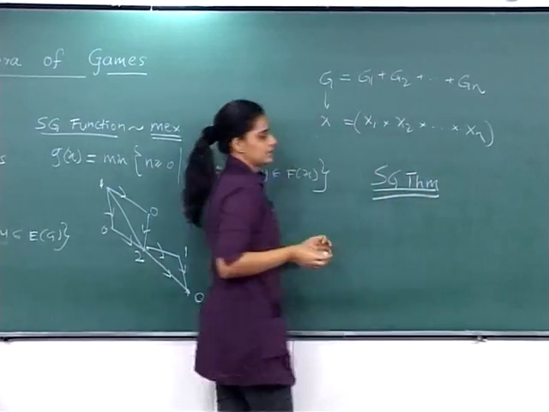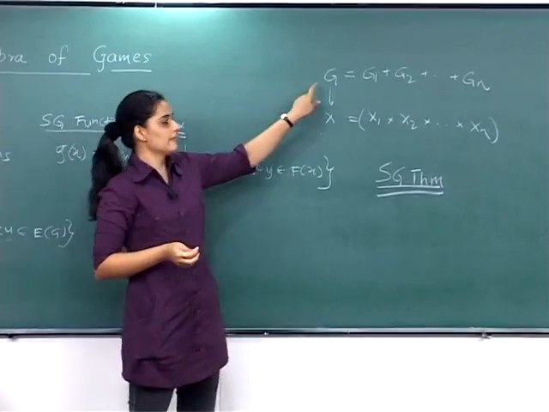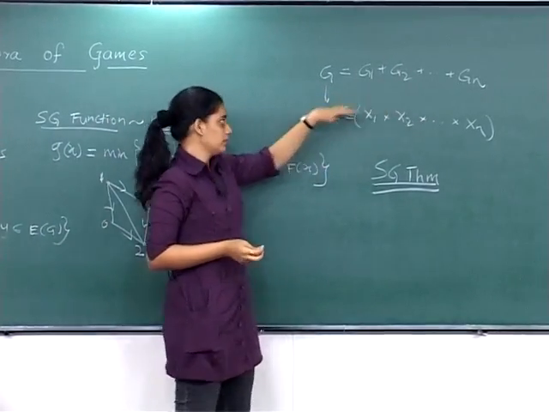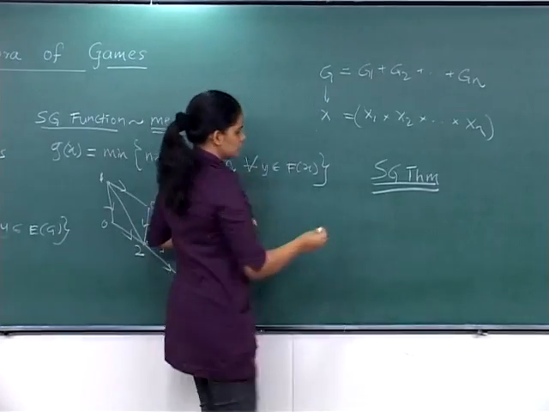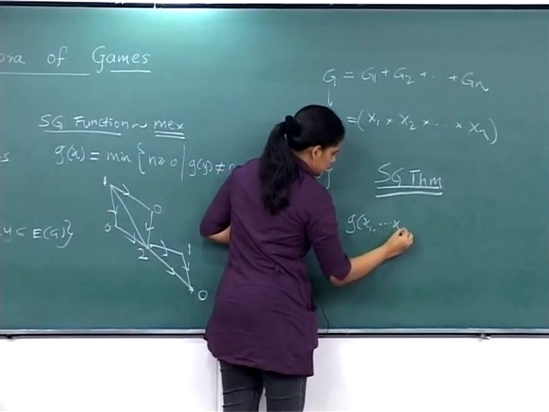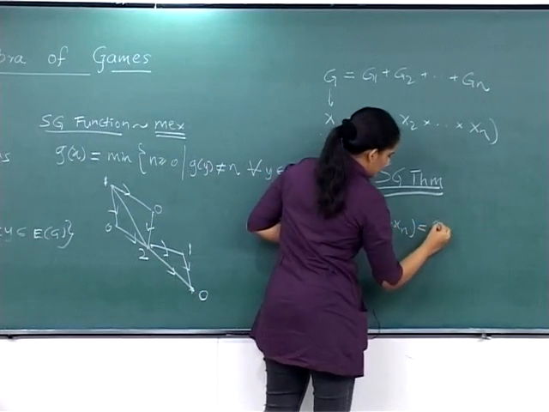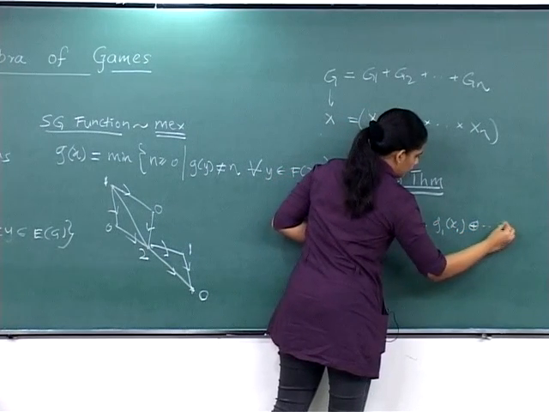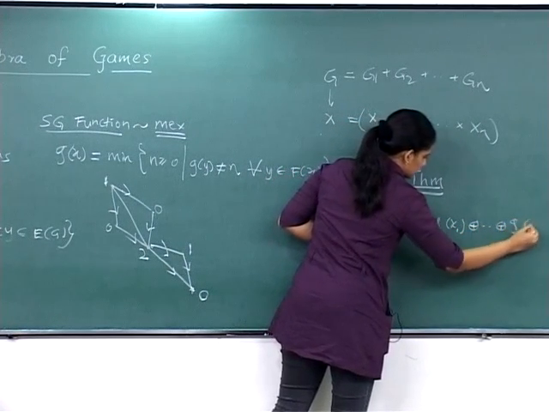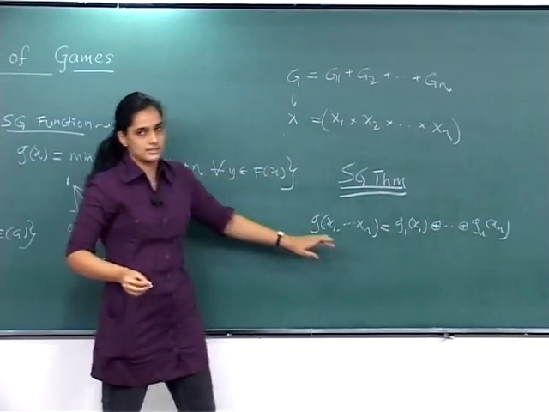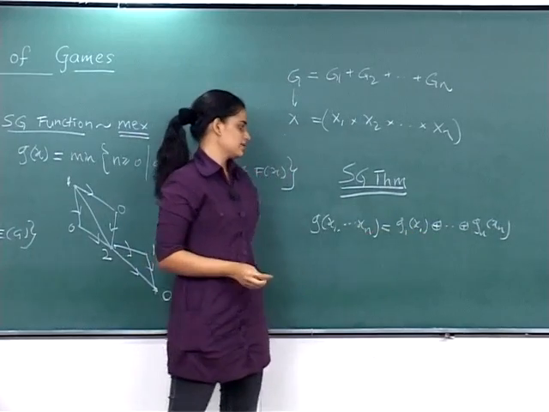The Sprague-Grundy theorem says that when I have a game which is the addition of some finite number of games, the Sprague-Grundy function of the new game is nothing but the XOR of the individual Sprague-Grundy functions of all the subgames. So this is the Sprague-Grundy function of G. It is nothing but the XOR of all the subgames.